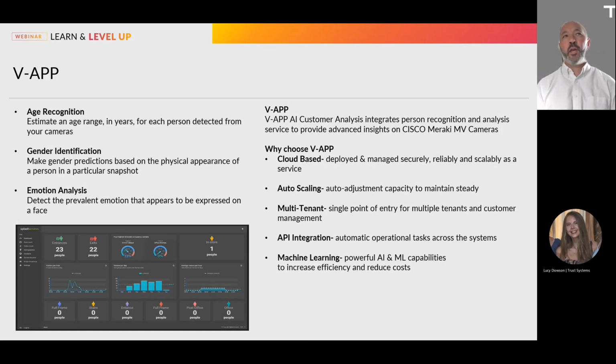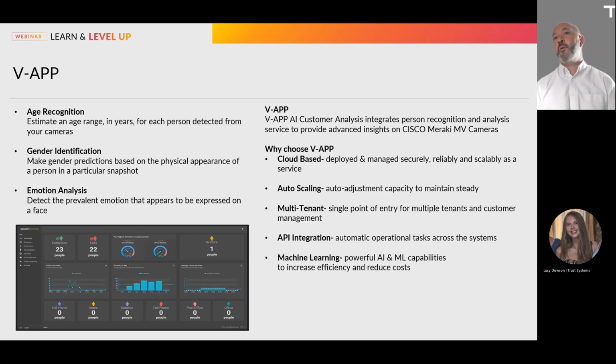So looking at detecting if somebody is wearing a high-vis jacket, for example, if somebody is wearing a face mask, and those powerful machine learning analytics can provide, again, further insight and benefit to your business from an operational health and safety compliance perspective, as well as keeping people safe.